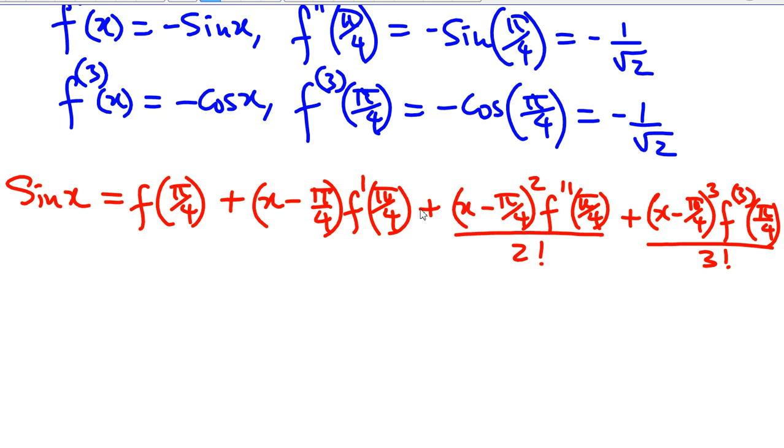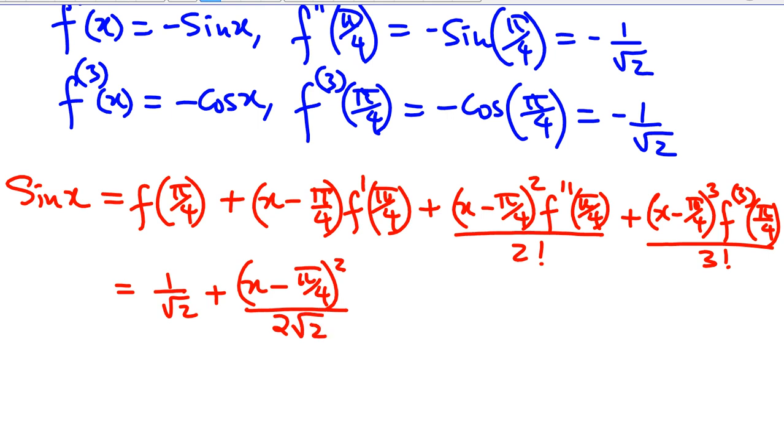So, which means that sine x centered at pi over 4 will be equal to 1 over root 2, we have calculated that above there, plus x minus pi over 4 over root 2.